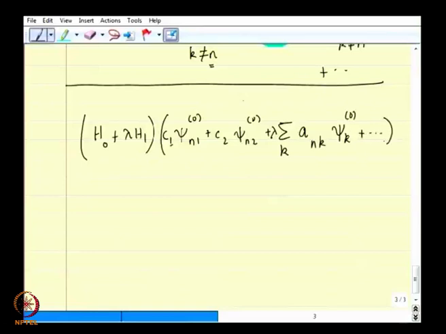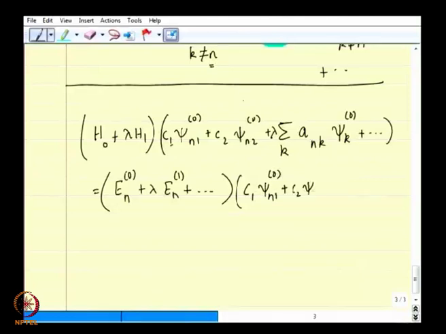equals E n 0 plus lambda times E n 1 plus etc. on the same wave function C1 psi n1 0 plus C2 psi n2 0 plus lambda times sum over k a n k psi k 0 plus and so on.